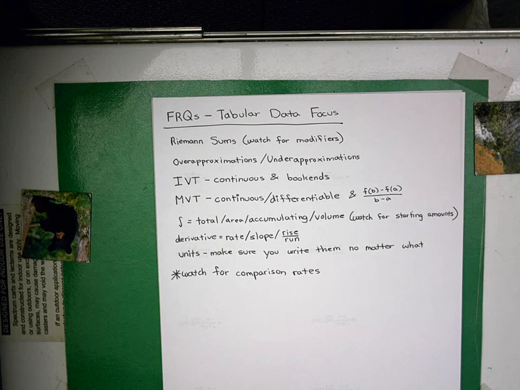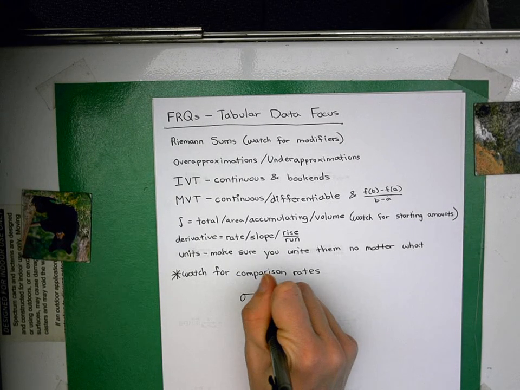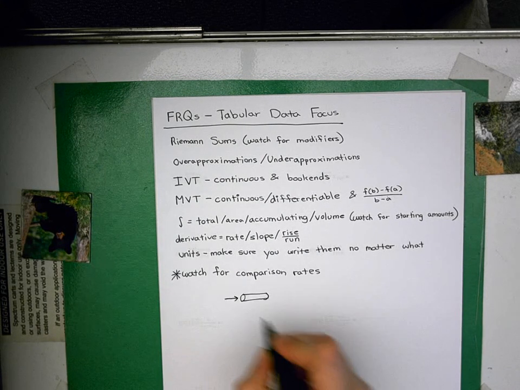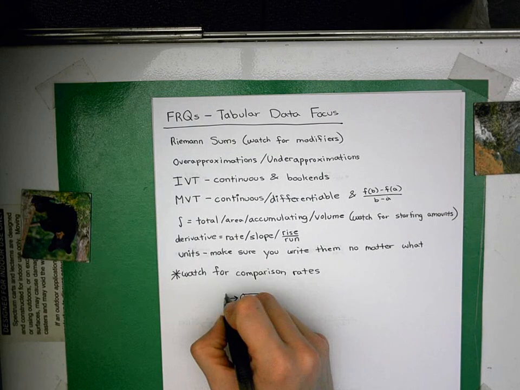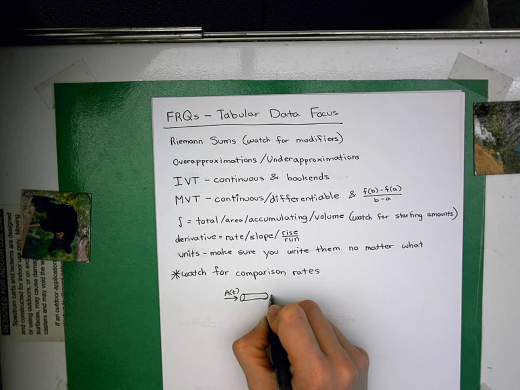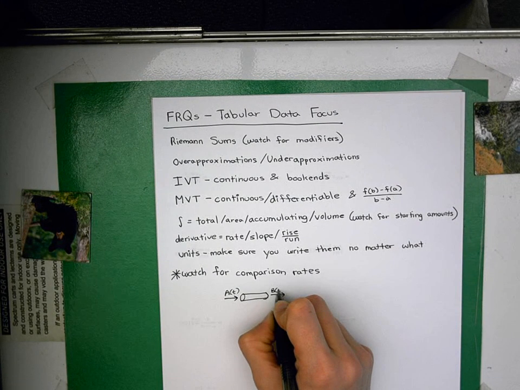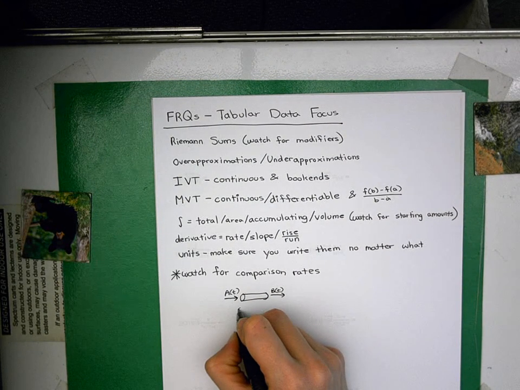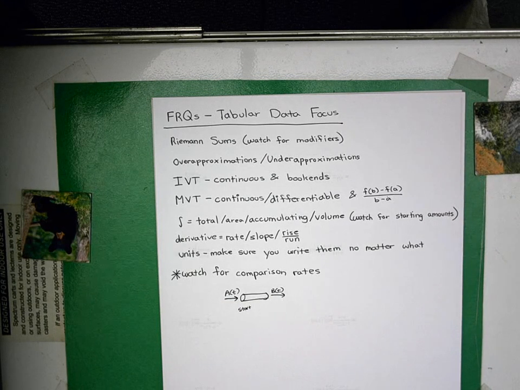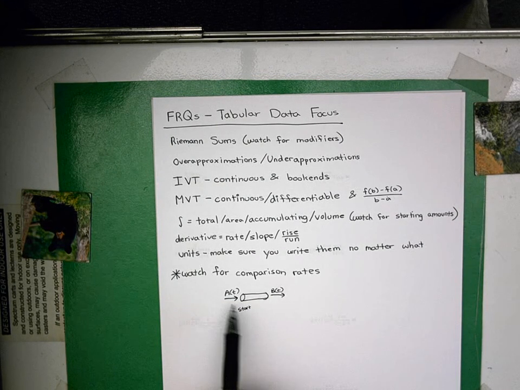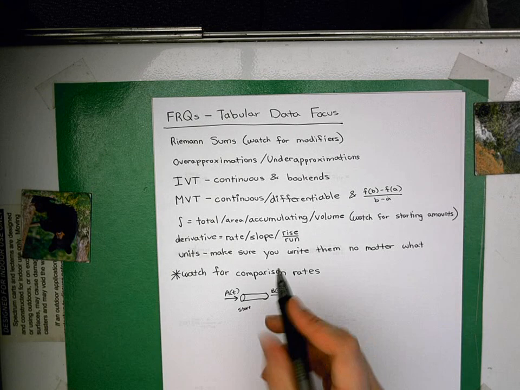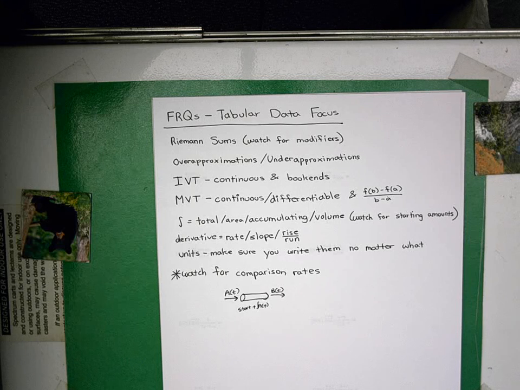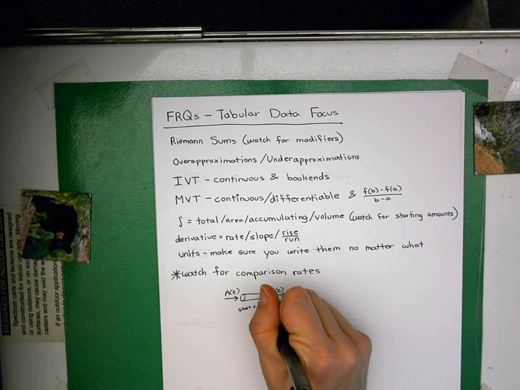If you imagine here's my pipe, and some quantity flows into the pipe, we'll call it A of t, and some quantity flows out of the pipe, what's inside the pipe would be whatever you start with, if there is some starting amount, plus A of t, and maybe it's an integral of A of t, depending on what A of t is, and then minus B of t.